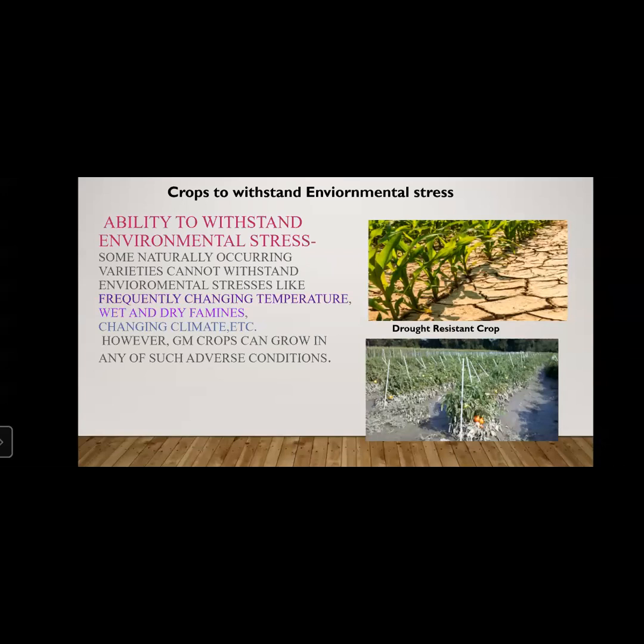So developing such crops will help us to solve the crisis of food problem, because lot of crops are being wasted because of sudden climate change. Hence, biotechnologically developed plants which can withstand the environmental stresses are very, very helpful.